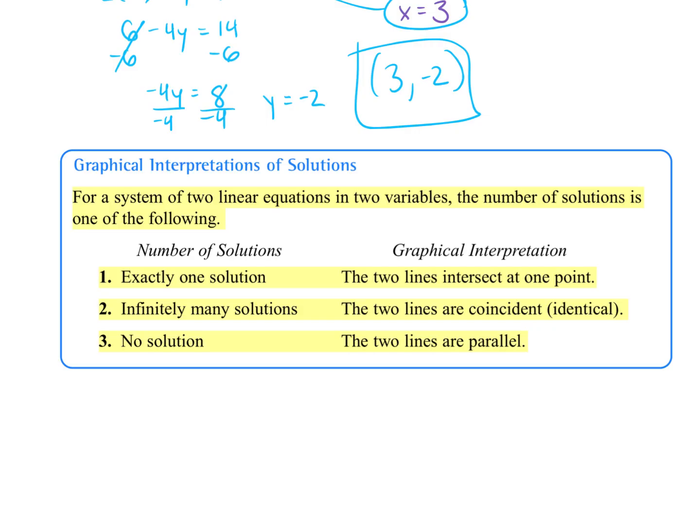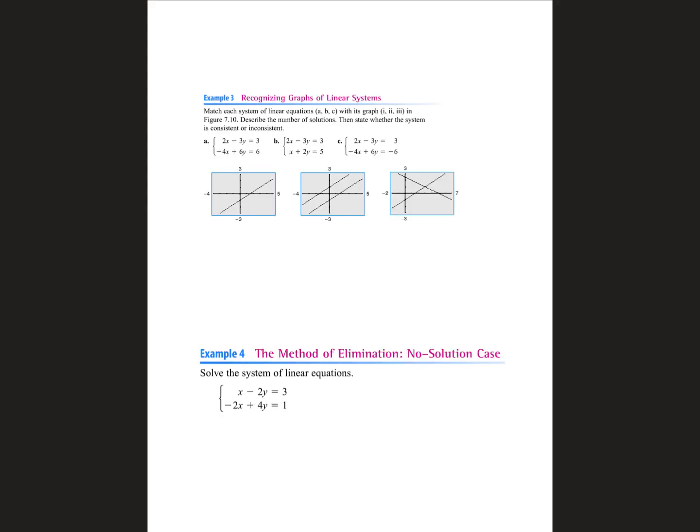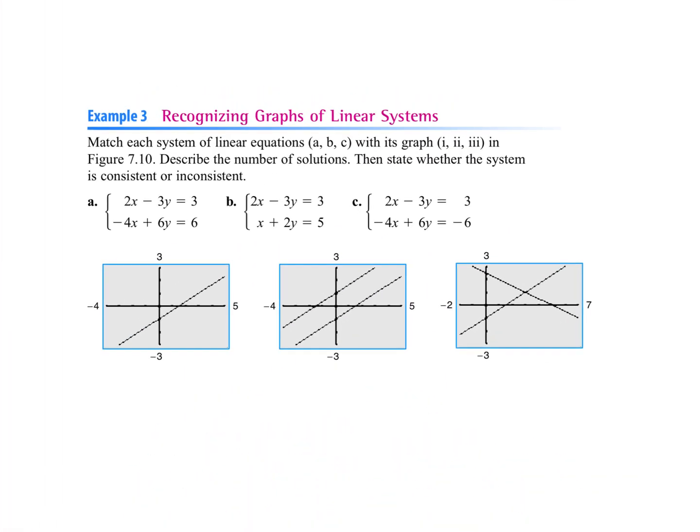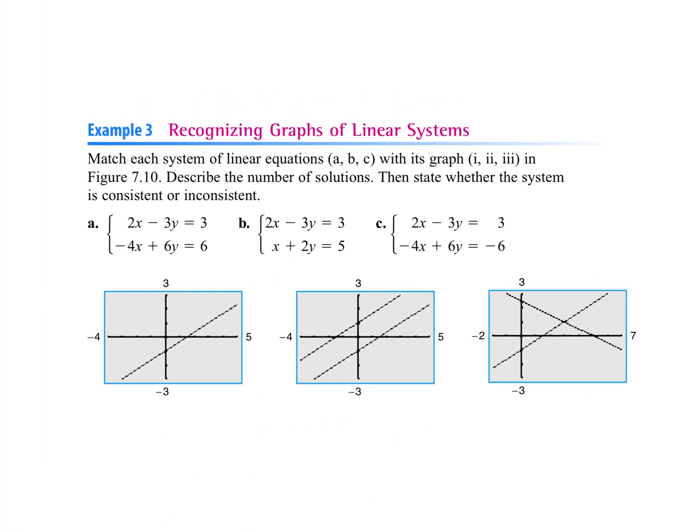So when solving systems of equations, we can have exactly one solution, which is what our last two questions had. You can have infinitely many solutions, or we could have no solution. On this page, it shows the graphs of what each one would look like. If we have infinitely many solutions, our two equations end up being the same line.